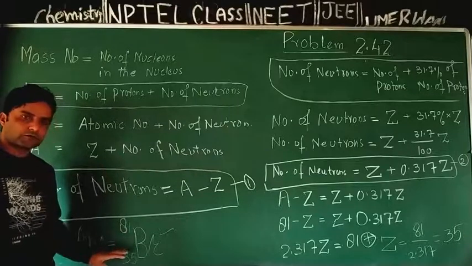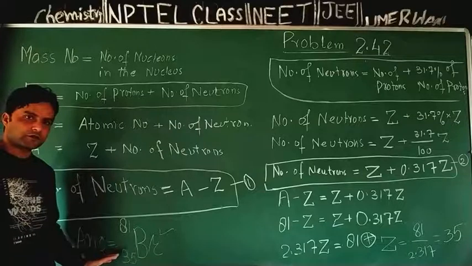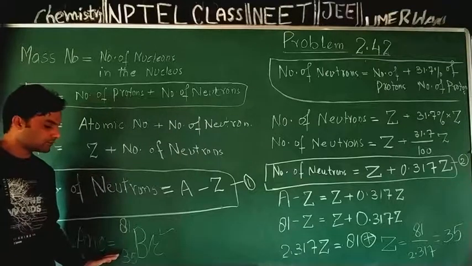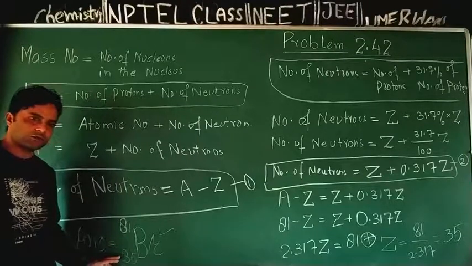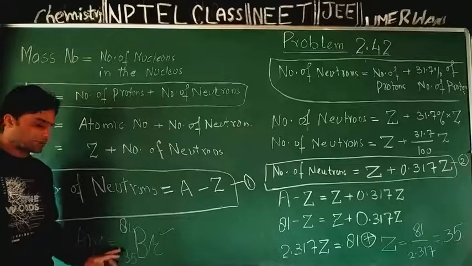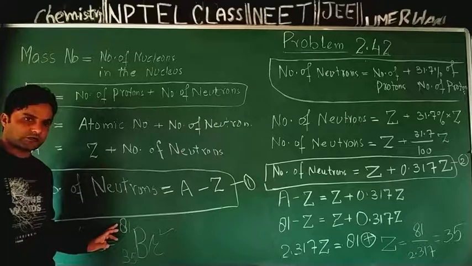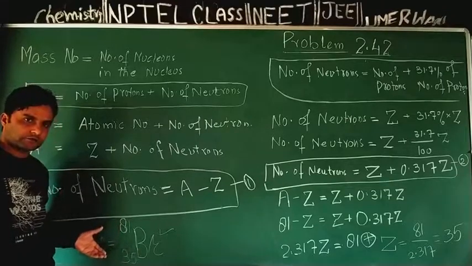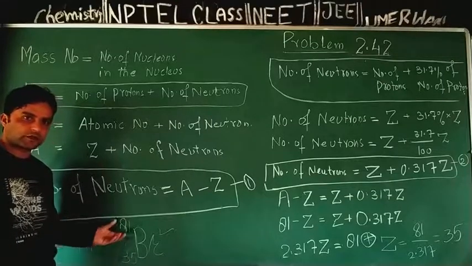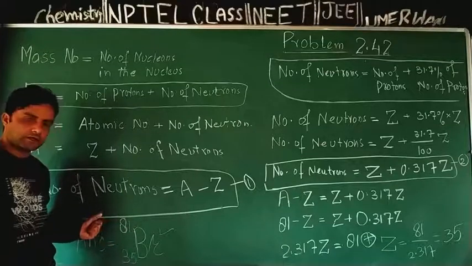and not only I wrote symbol, I also expressed two important properties of bromine, one atomic number Z equal to 35, other mass number A equal to 81. Both are written on left side, atomic number on lower left side, mass number on top left side.